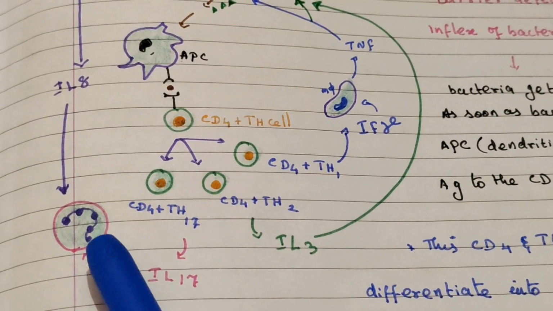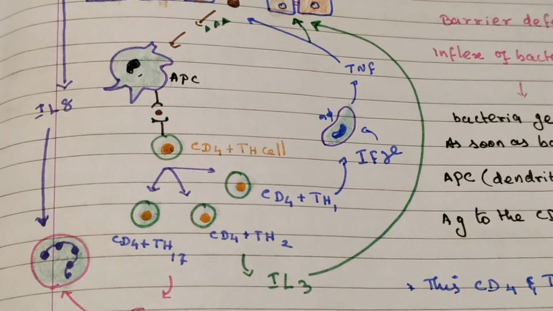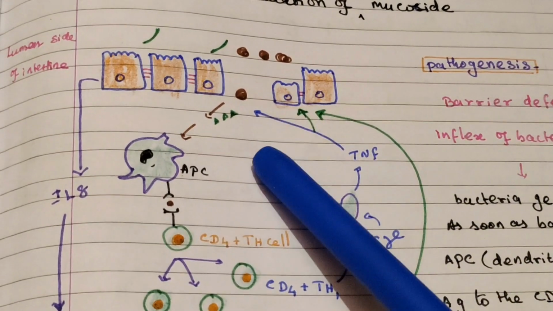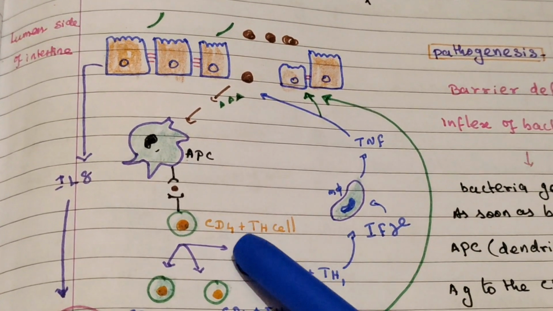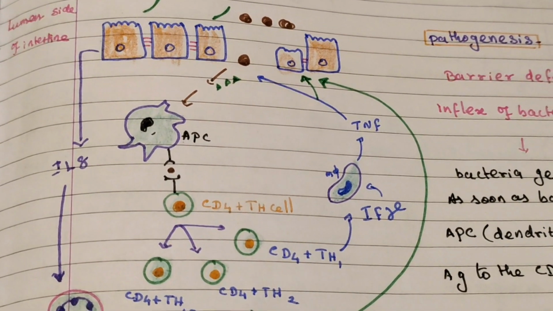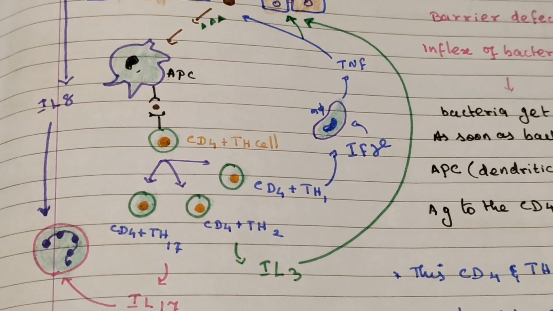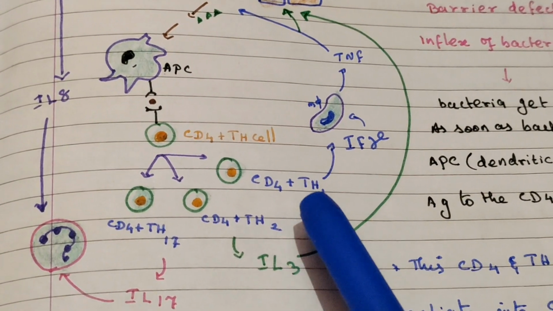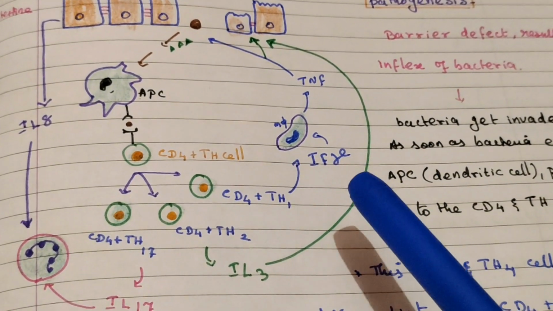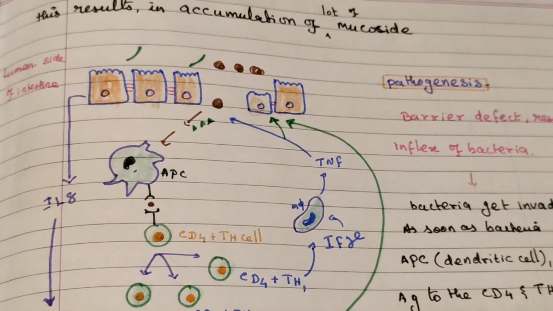Inflammatory epithelial cells also produce interleukin 8, which calls the neutrophils. So basically there is an epithelial defect. Because of the epithelial defect, bacteria enter and the antigen presenting cell presents to the CD4 T helper cell, and maturation of T helper cells into T helper 1, 2 and 17 produces interferon gamma, interleukin 4 and interleukin 17, and inflammatory changes.